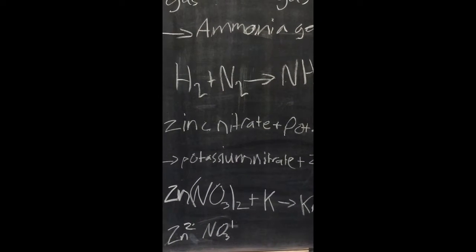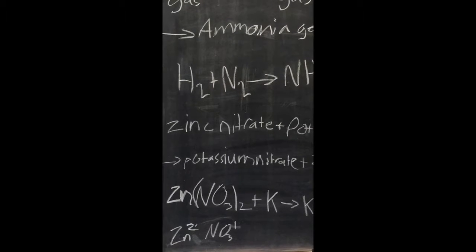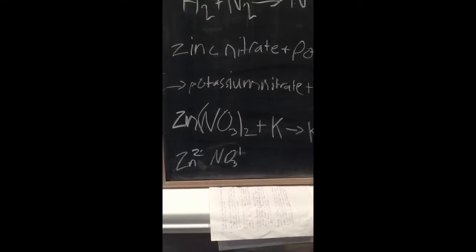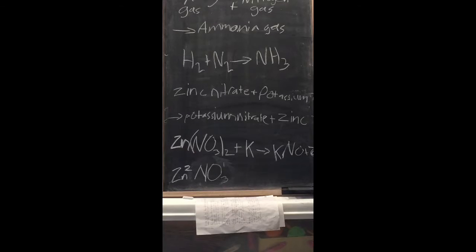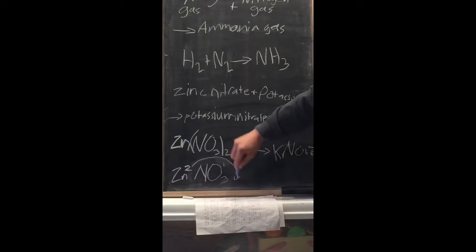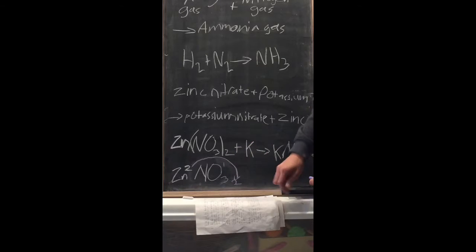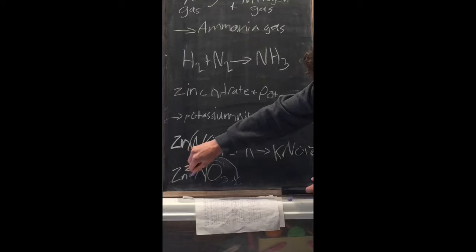Now, referring to CAMEL, we know nitrate is NO3 with a superscript of 1. Remember, superscripts are valences. Using the crisscross method, we will take the superscript of 2 and bring it over here, and the superscript of 1 and bring it over here.